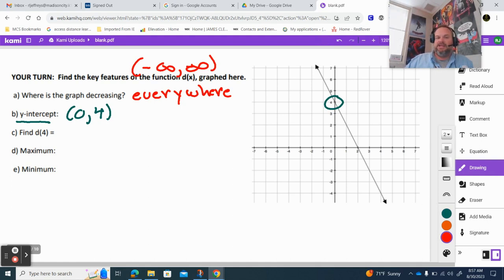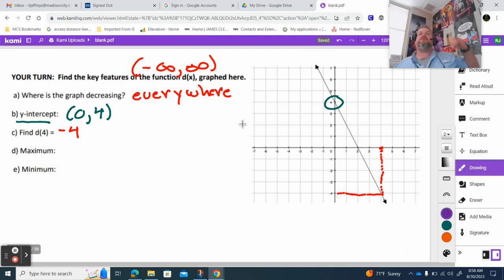So this is like D of X. So D of 4. So here's 4. Where do we have to go to find the graph? Do we go up or down? Down. All right. So that y value is -4.